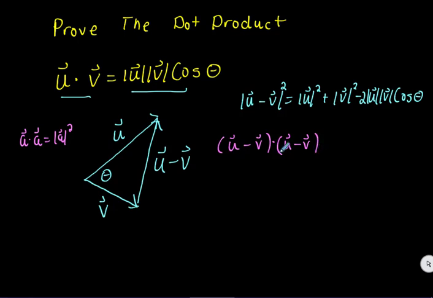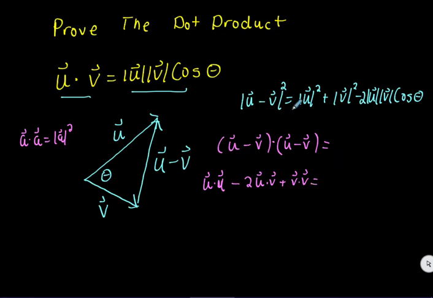Good. And we also showed that we can use the distributive property with these. So we have vector u dot vector u, and then u dot a negative v, and then a negative v dot u. They're the same, so there's a middle term, which is minus 2 times u dot v, and then the last term is plus vector v dot vector v.